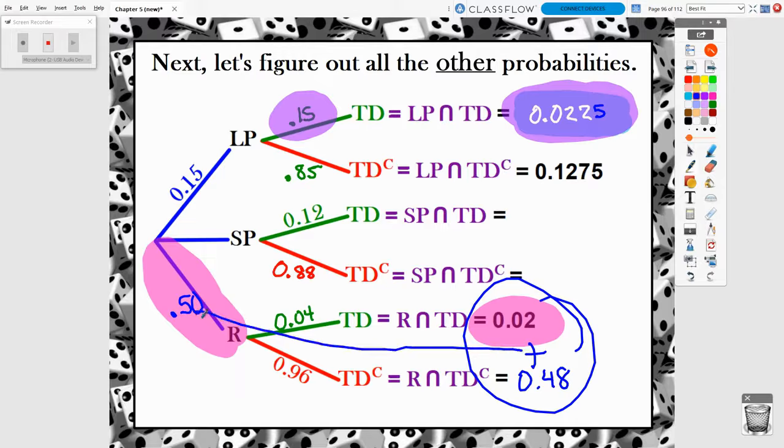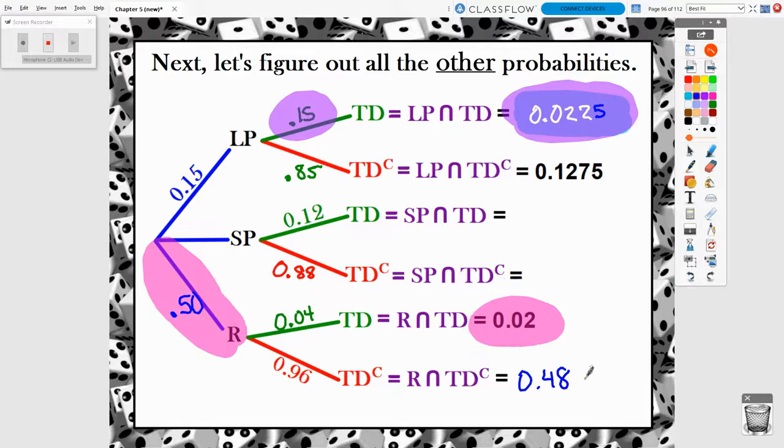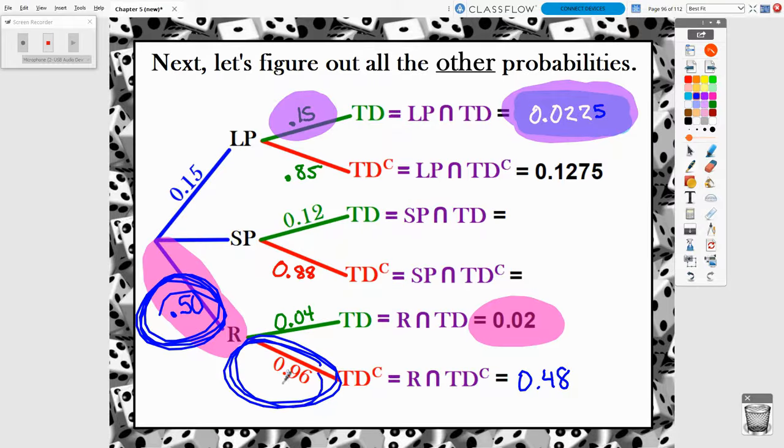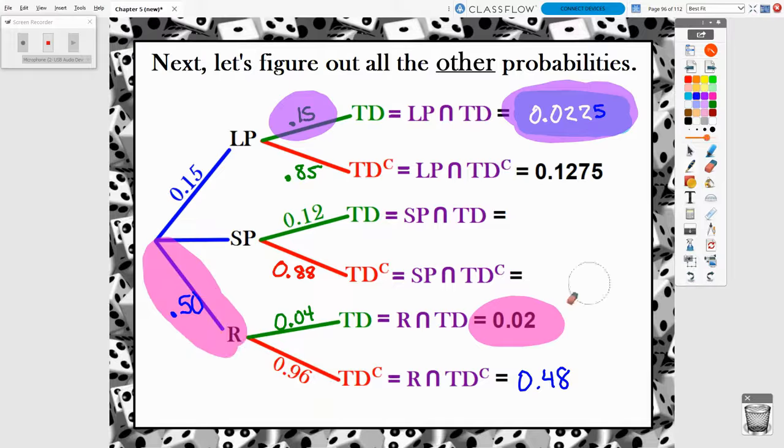Because again, these have to add up to be all the way back here to get this 50%. Now again, you also could have gotten 48% by taking this 50% times this 96%, and again, that gives you 48%.